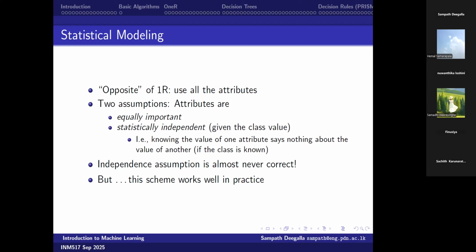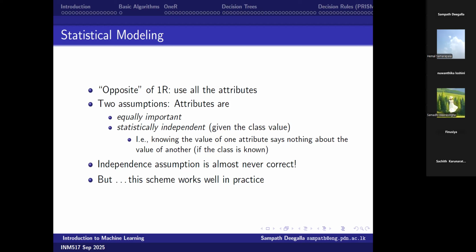In statistical modeling, especially in naive-Bayes, there are two assumptions we make. The first is that the attributes are equally important. We have observed that it's not the case, but we assume that all the attributes are equally important. Second, they are statistically independent. What do we mean by independence here? When you change a particular attribute, it might affect the other attributes as well.